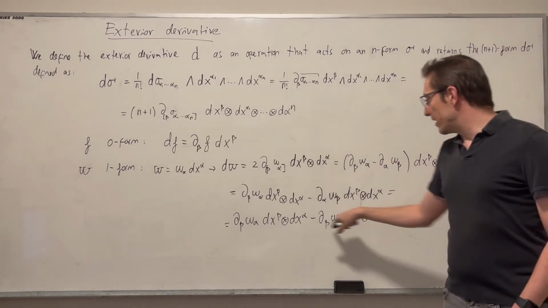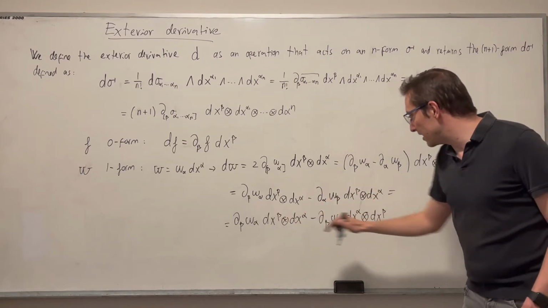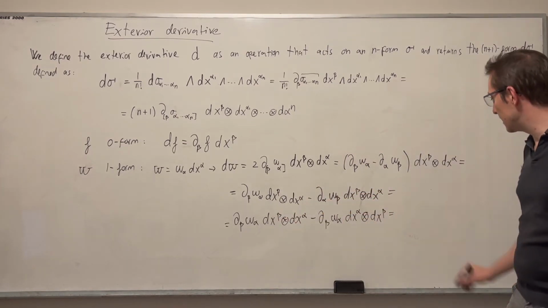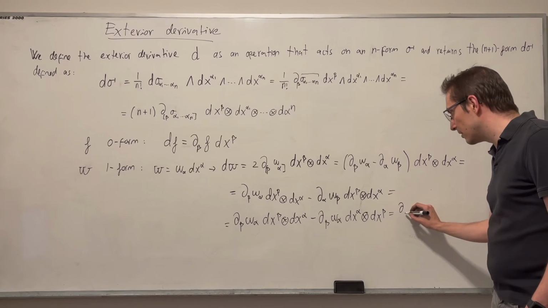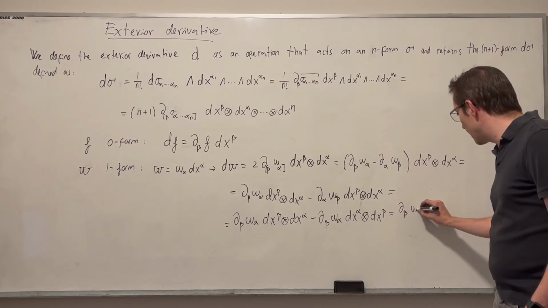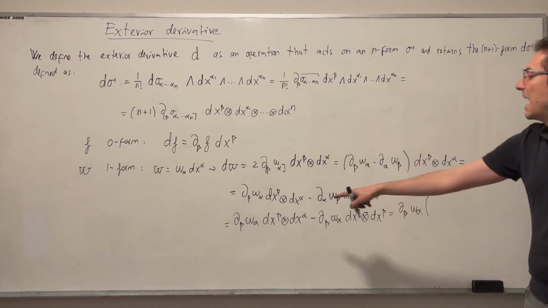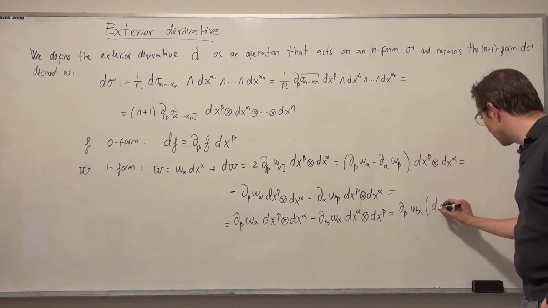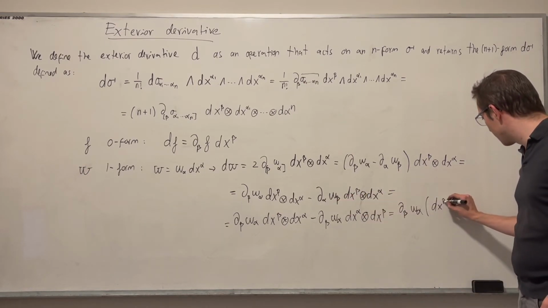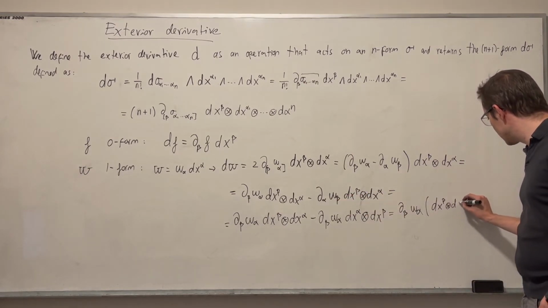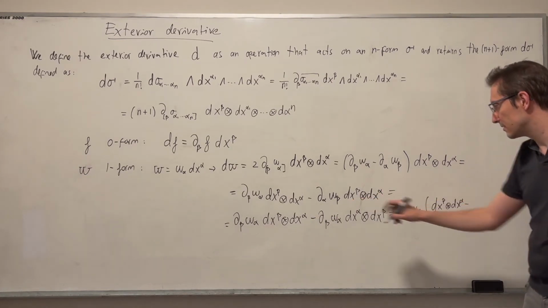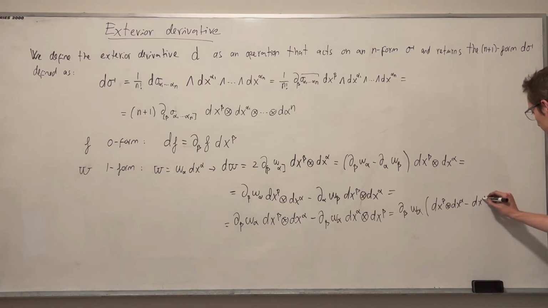Wonderful. Now I can take the common factor partial beta omega alpha, and that gives me partial beta omega alpha multiplies the anti-symmetrized tensor product dx beta tensor dx alpha minus dx alpha tensor dx beta. Right.